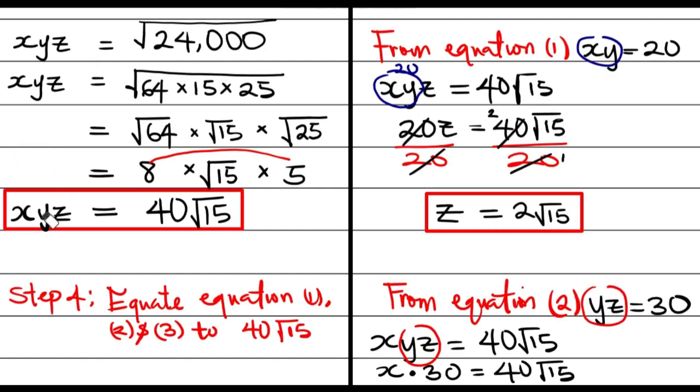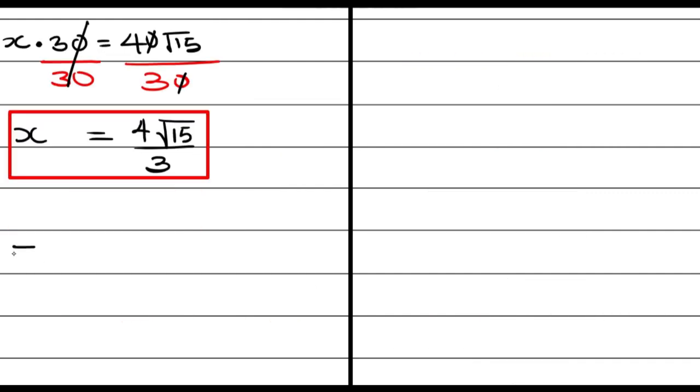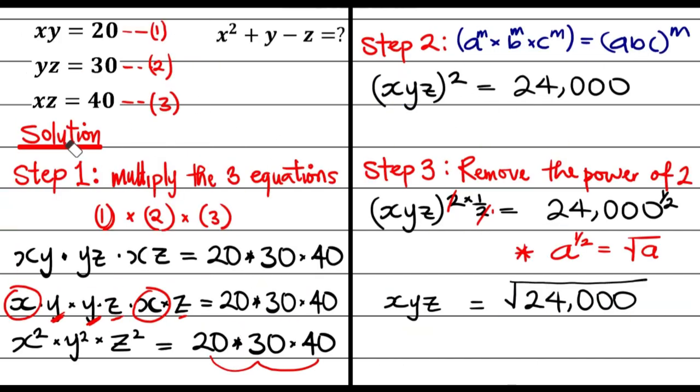Then I'm left with y. So from equation 3, I have xz equals 40. Remember from the question, that is equation 3 as it is in the question here. xz equals 40, equation 3.